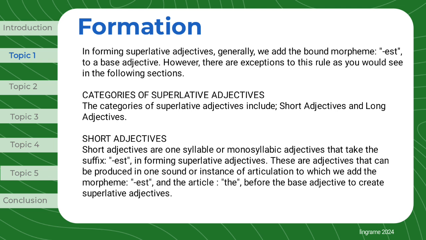Short adjectives. Short adjectives are one-syllable or monosyllabic adjectives that take the suffix "est" in forming superlative adjectives. These are adjectives that can be produced in one sound or instance of articulation, to which we add the morpheme "est" and the article "the" before the base adjective to create superlative adjectives.